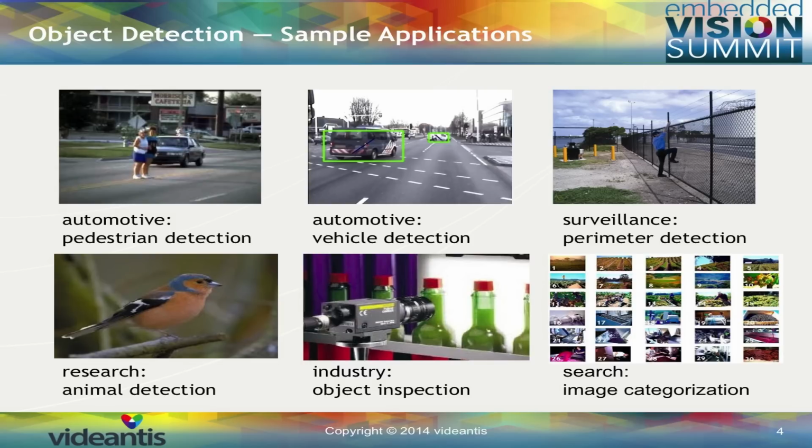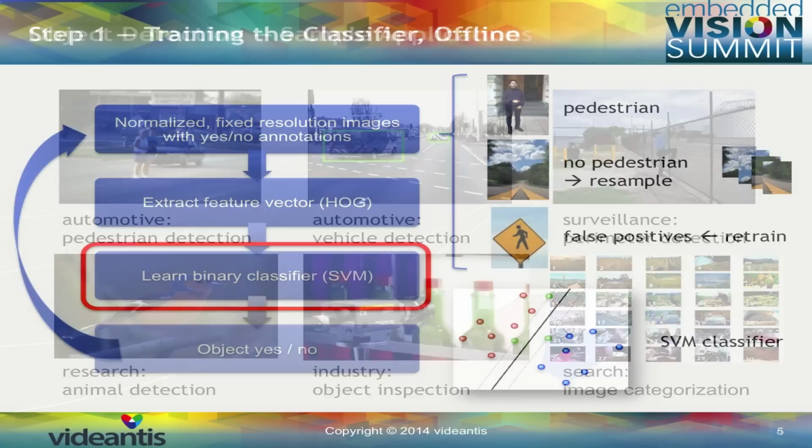This morning we also saw in biology, it's nice for people who do research in biology to automatically detect if there's an animal, to count them, etc. And of course also in the production industry, machine vision, and image categorization, but many possibilities there, and many different applications that can use object detection. But we're going to focus, similar to the original Dalal and Triggs application, on pedestrian detection.